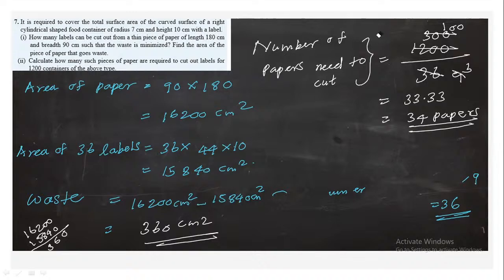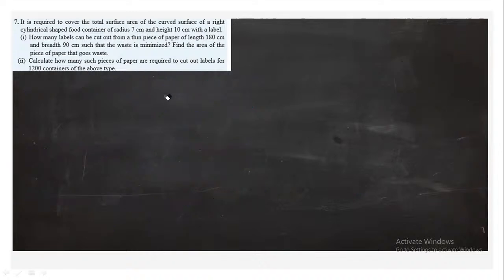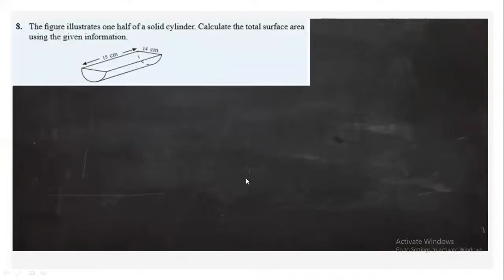Question. The figure illustrates one half of a solid cylinder. Calculate the surface area using the given information. This cross section is circular, with 2 semicircular parts, and we need half of the curved surface. Now, what are the parts?